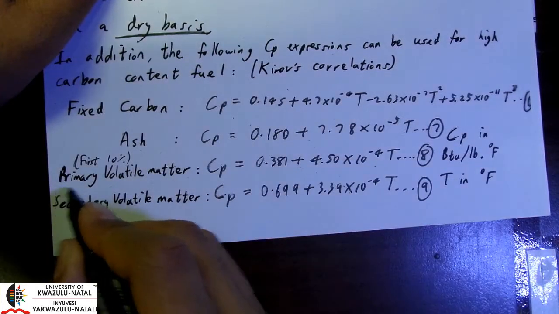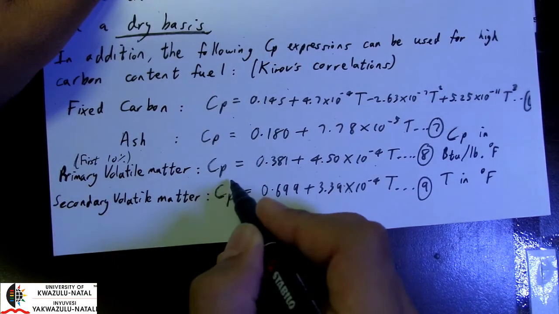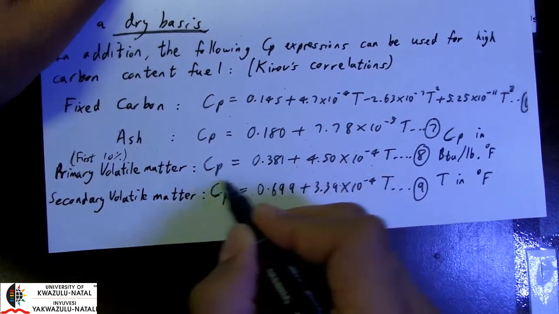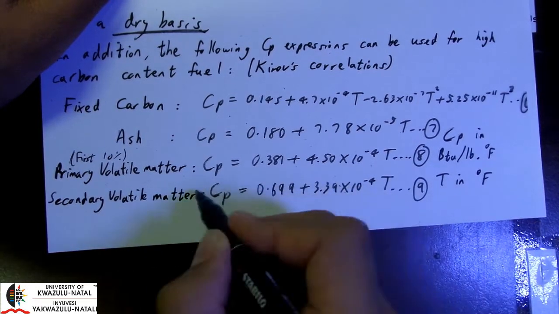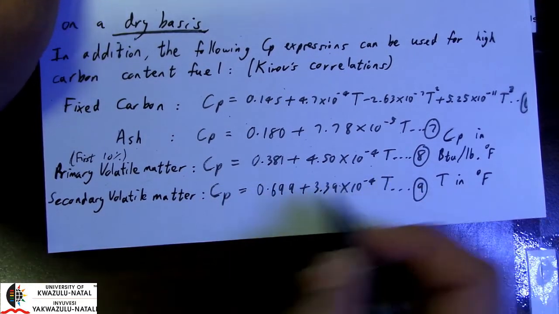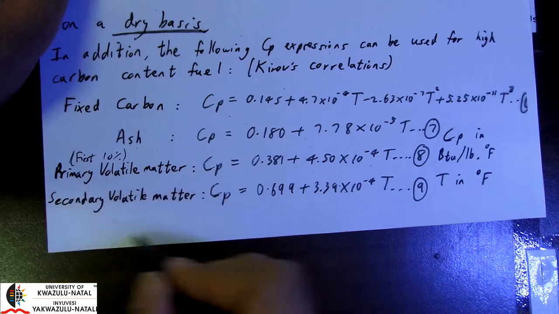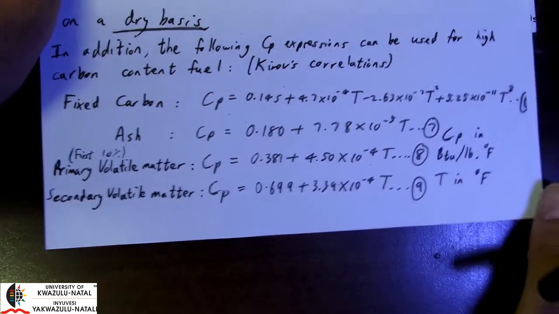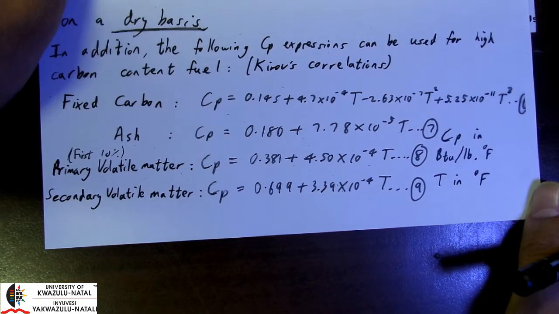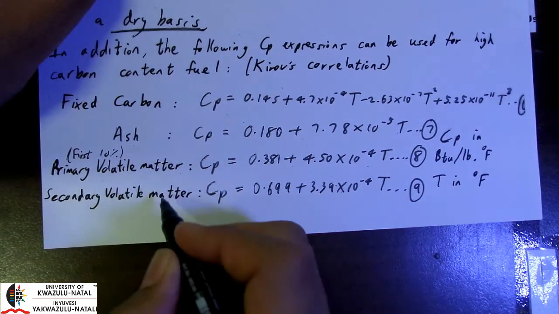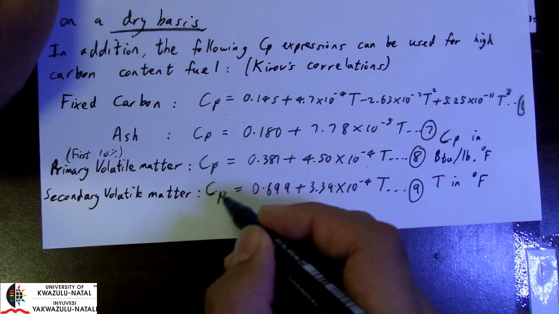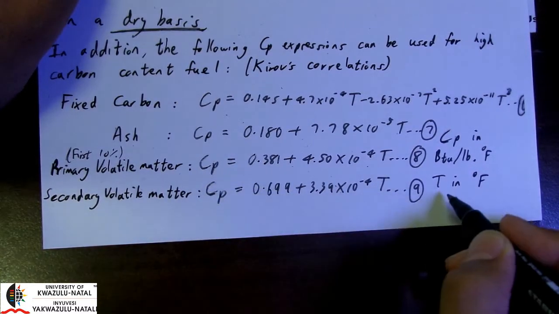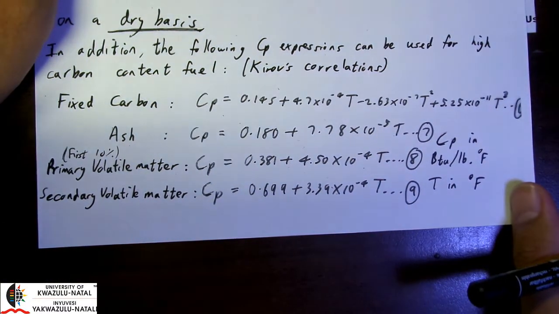That primary volatile matter has been grouped up and found to have a Cp as follows. Then we have secondary volatile matter, which is another mixture of lots of various volatile components, and they are all lumped up and have a Cp approximated as follows.